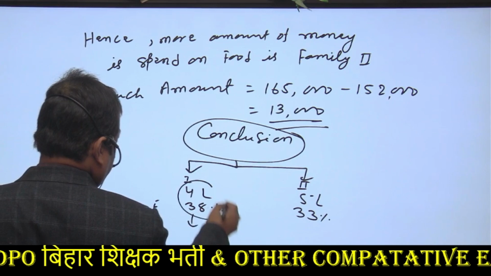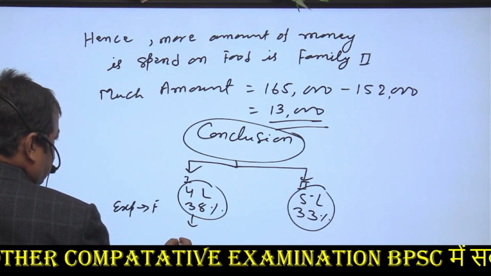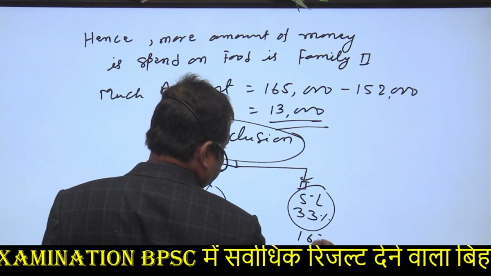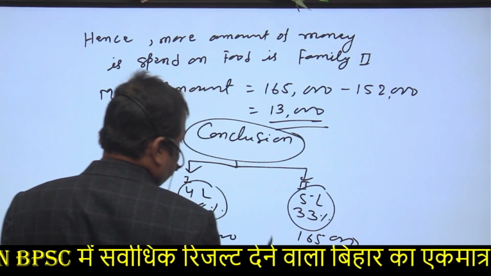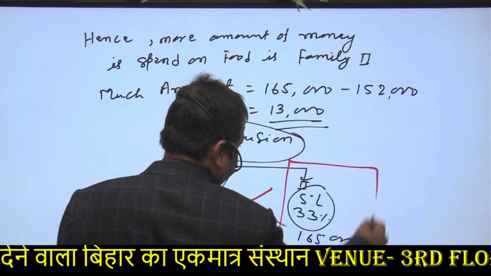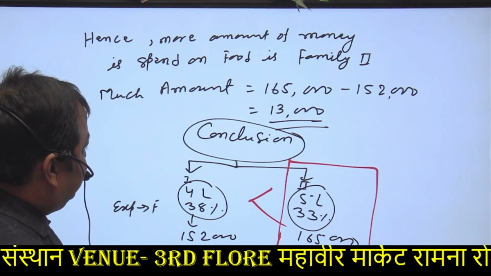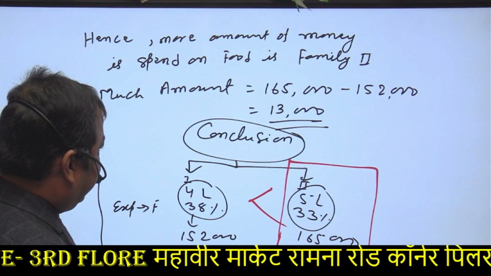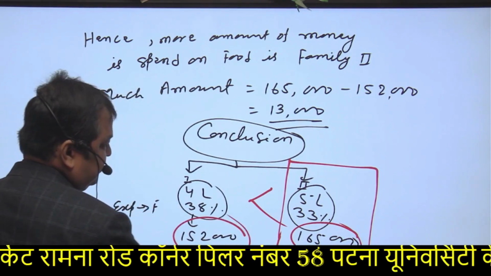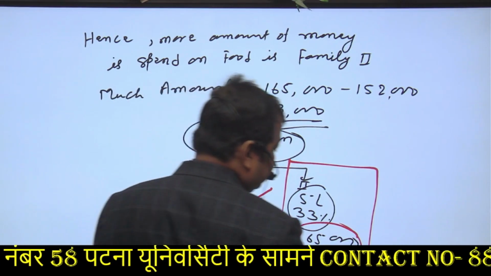So this operation is done. So 152,000, 165,000. So family 2 has more expenditure on food, and how much more is the difference between this item and this item. So conclusion part.